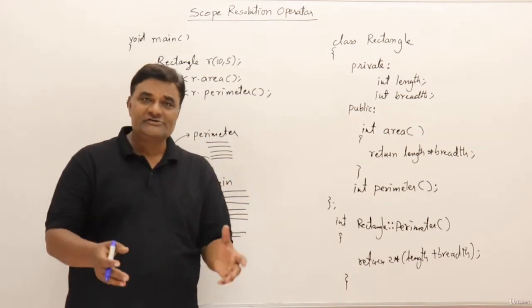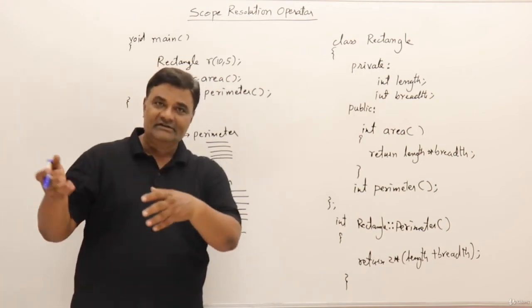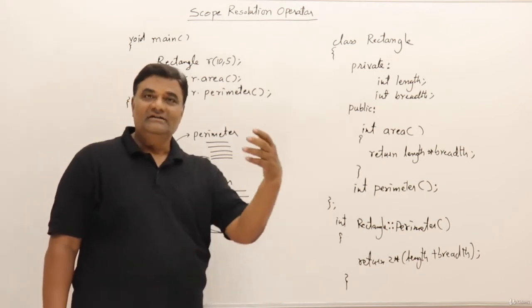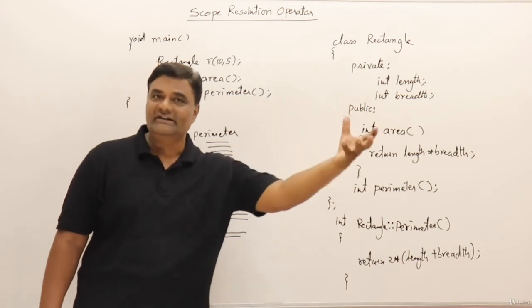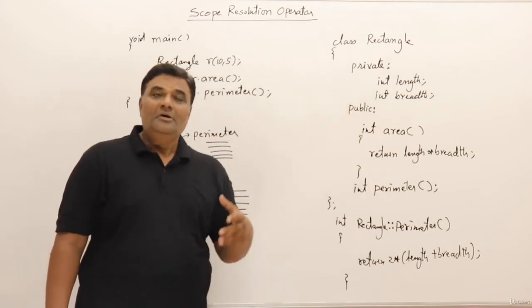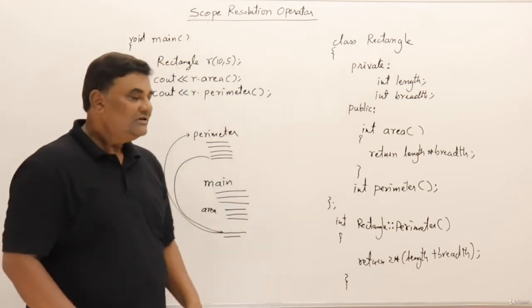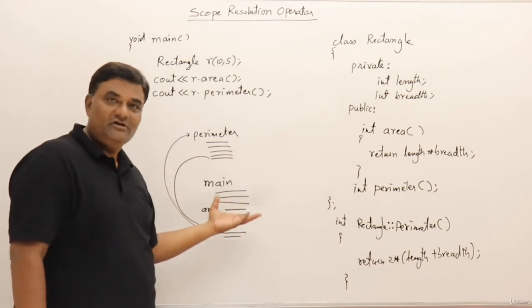Take the example of taking your clothes to a laundry and getting them washed. You have to go out of home, give them to the laundry, and he will wash and return your clothes. This is like a function: you are going out, calling and getting the return value. But if you buy a washing machine, the laundry is at home itself. So this area function is just like a washing machine, a laundry at home.